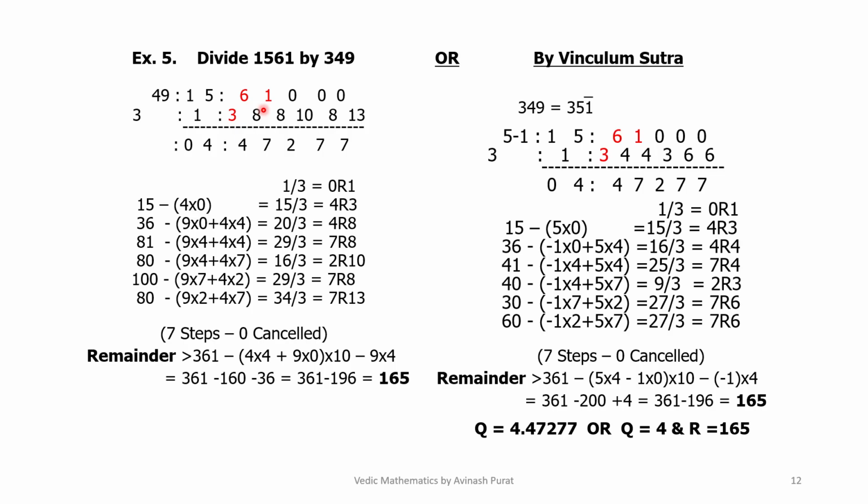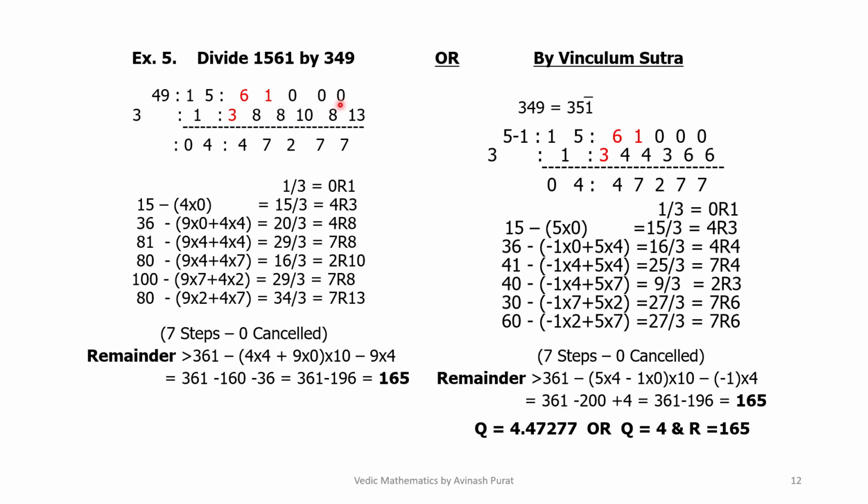Now 81 minus 9 into 4 plus 4 into 4 equal to 29 divided by 3 equal to 7, remainder 8. Now 80 minus 9 into 4 plus 4 into 7, that is 36 plus 28. So 16 divided by 3 equal to 2 and remainder 10.